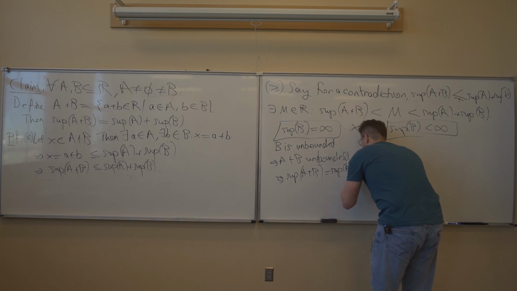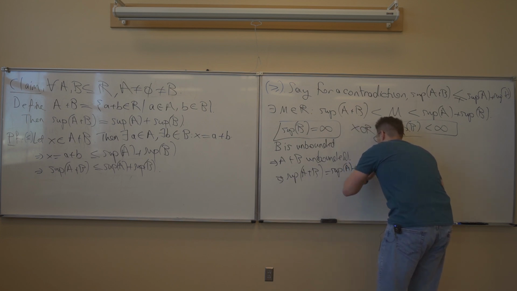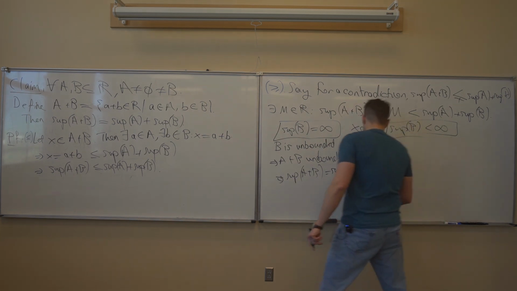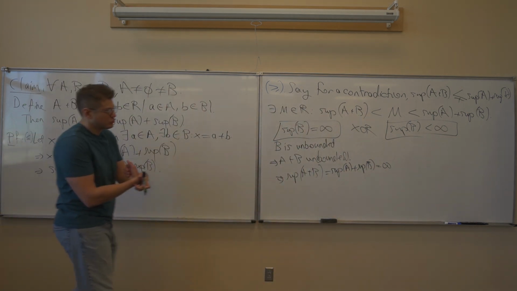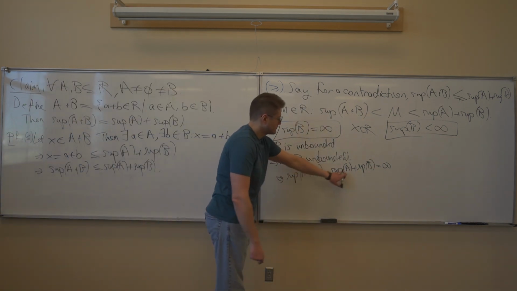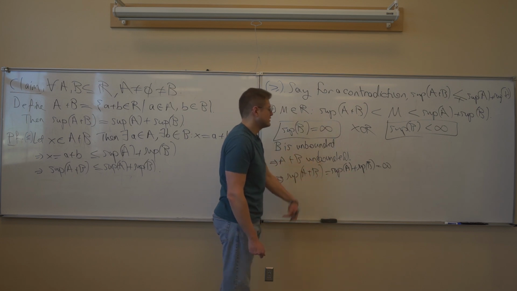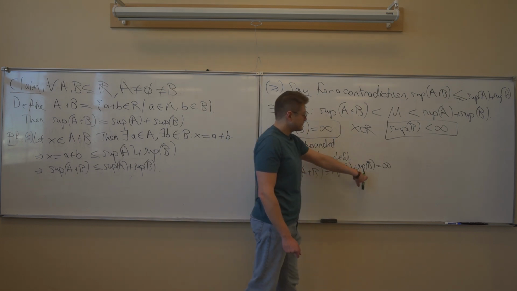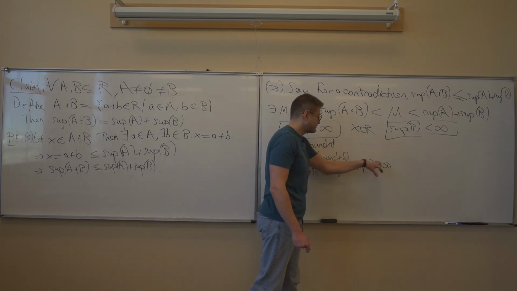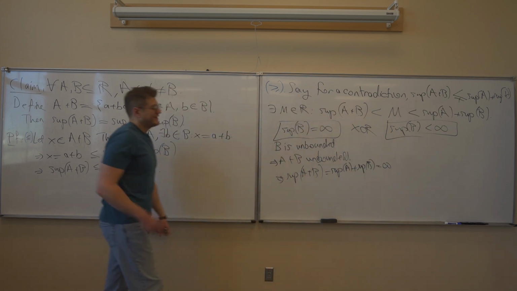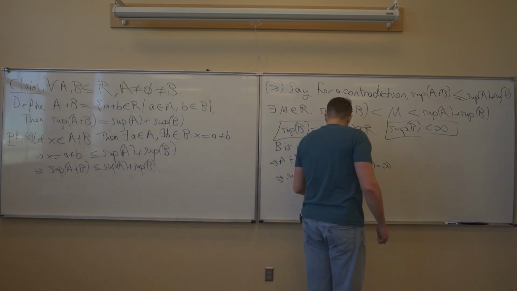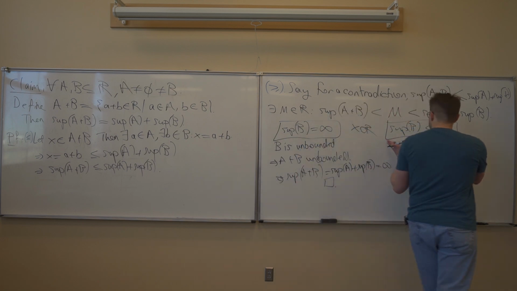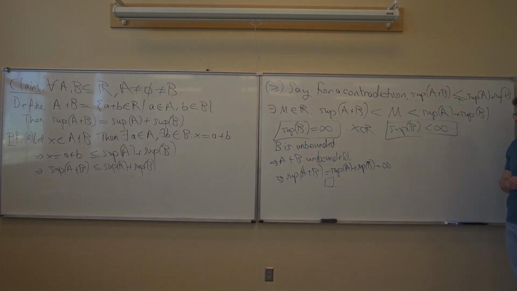Because one of these is positive infinity, and A is non-empty, which means that sup is not minus infinity. So this is a finite number or positive infinity. And a number plus positive infinity is infinity, and infinity plus infinity is also infinity. In any event, there is nothing to do here. So this branch is done. We need to figure out what to do with this branch.